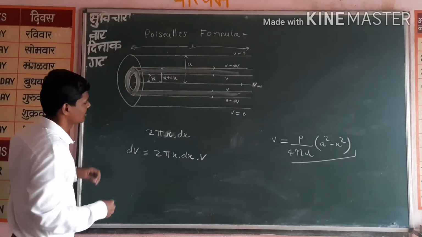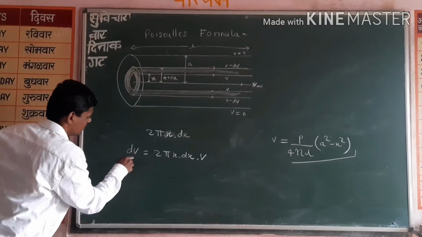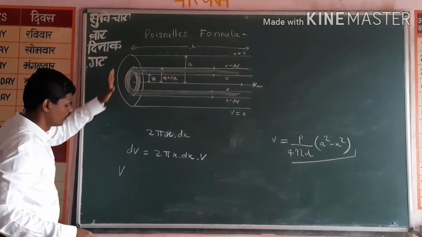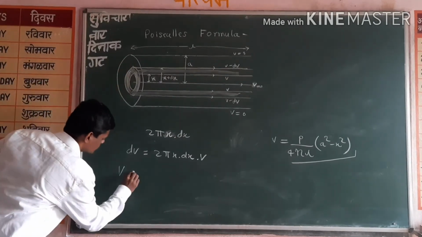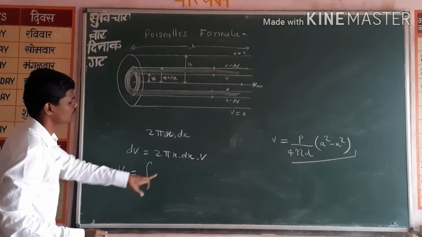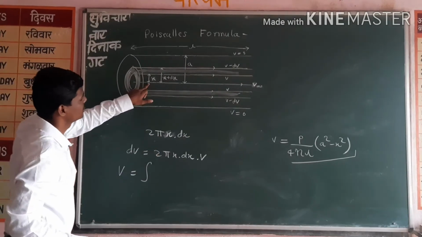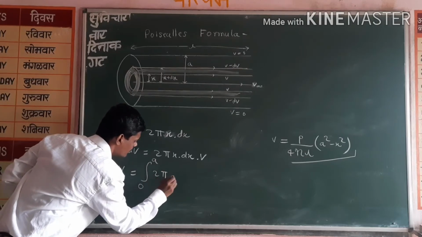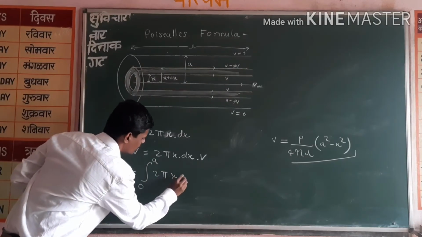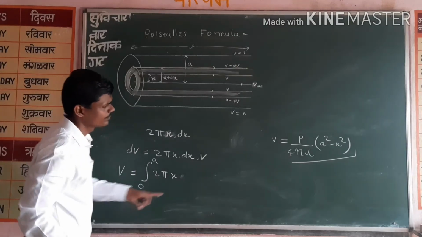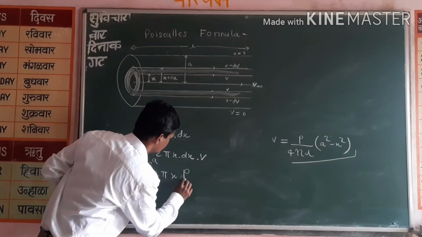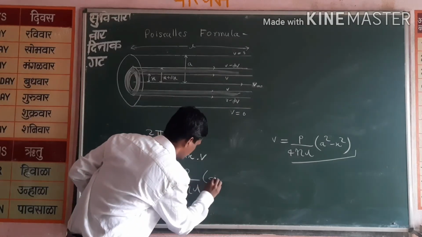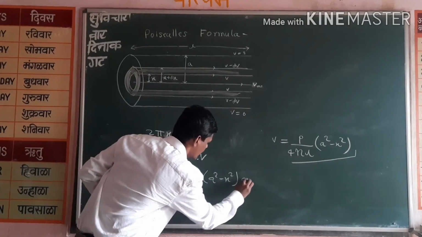So what are the limits for integration? By integrating dV, we will get capital V, the complete volume flowing through this cross sectional area. So integrating, what are the limits for x? They are 0 to a. Now 2πx, I will put the value of v, that is p / 4ηL (a² - x²) dx.